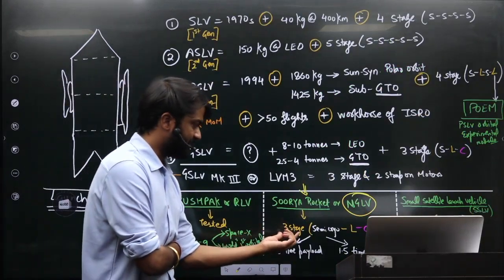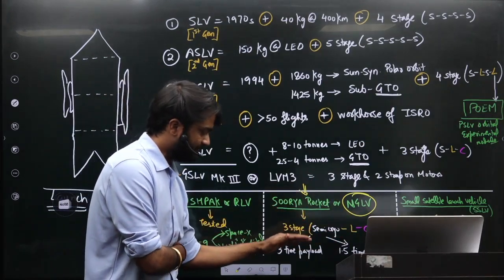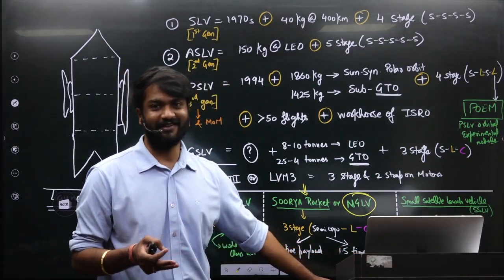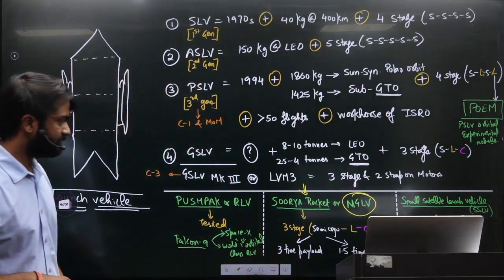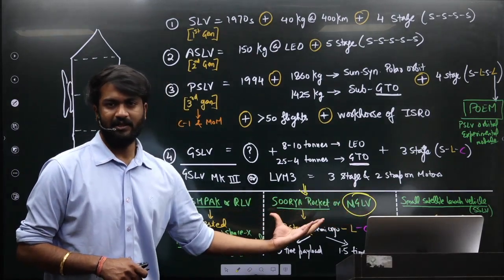So this will be a three stage: semi cryogenic, then liquid, then cryogenic, and the payload weight will be around 3 times, and cost will also increase. It will be around 1.5 times the initial cost. Okay, so if you see Surya rocket or new generation launch vehicle in the examination, please remember this class.